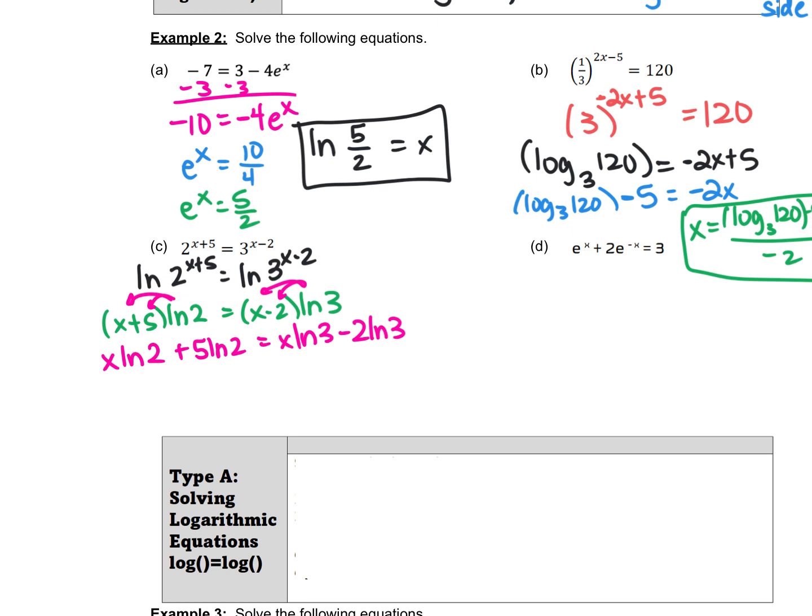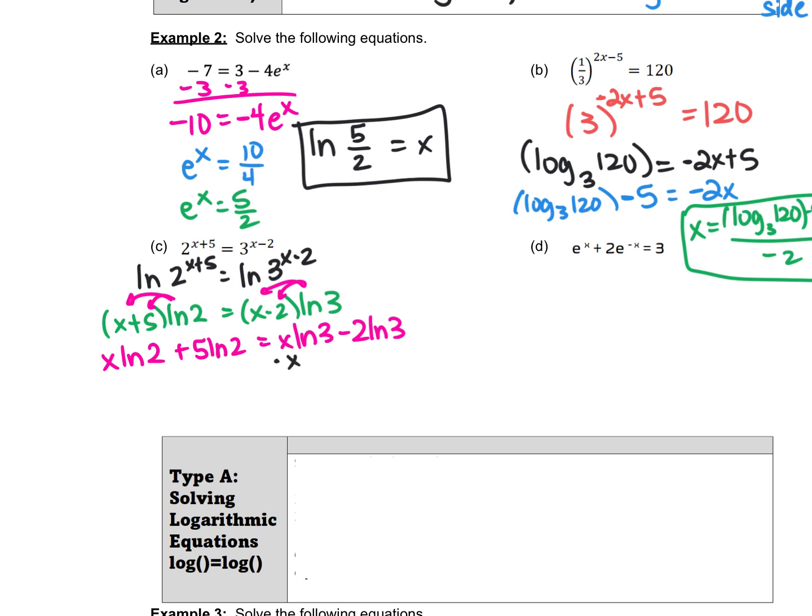Now, like we did when we did inverses, I want everything with an x on one side and everything that doesn't have an x on the other. Okay? So who's going to move to the left? Let's move the x term.